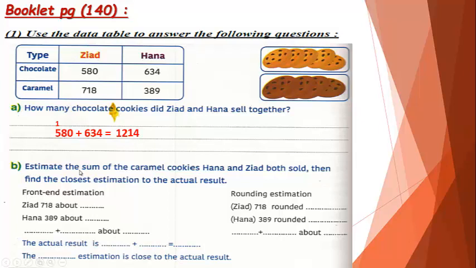B, estimate the sum of the caramel cookies. Yes, here we have to estimate using the two methods. The first one is front end estimation and the second one is rounding estimation. Okay. The first one is the front end estimation.